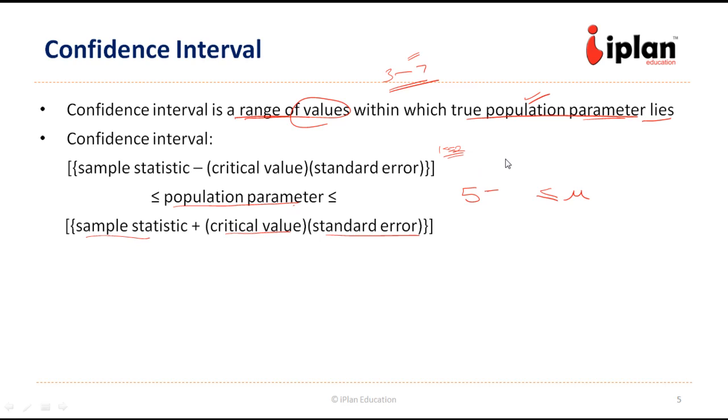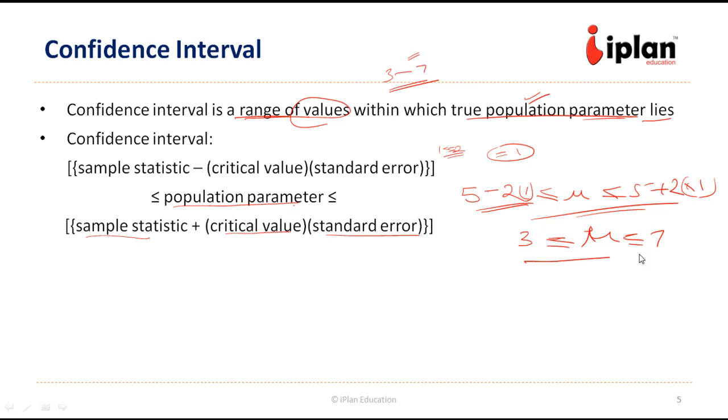Suppose the standard error was 1, which we assumed there. So 5 minus 2 into 1 is the lower bound, and the upper bound is obviously 5 plus 2 into 1. This is how we did it in the last example as well. So this 3 to 7 is our confidence interval of the population parameter.